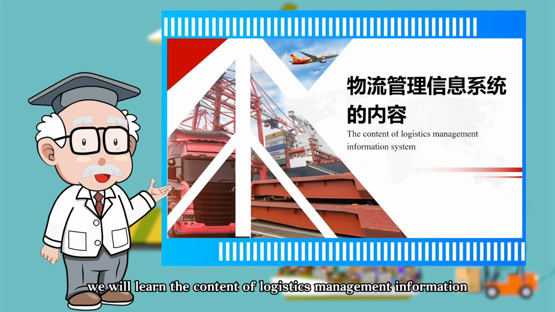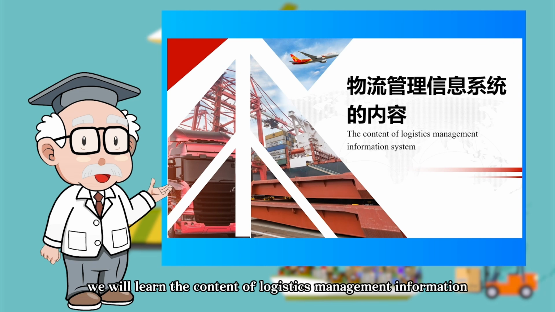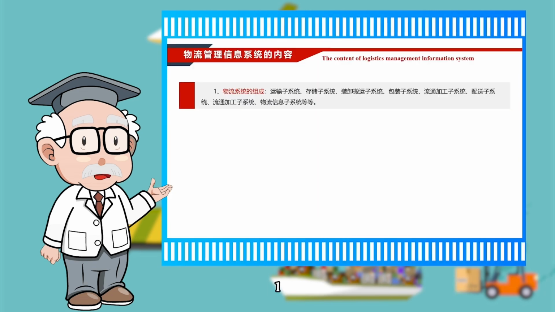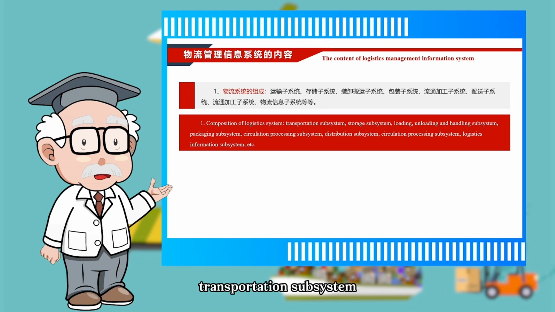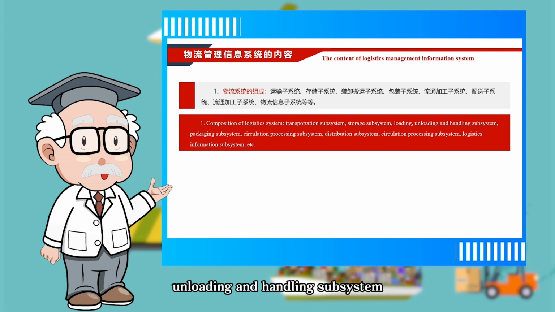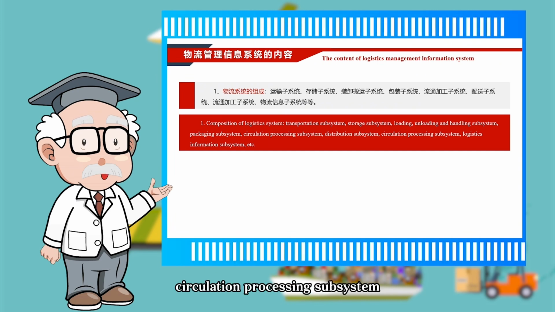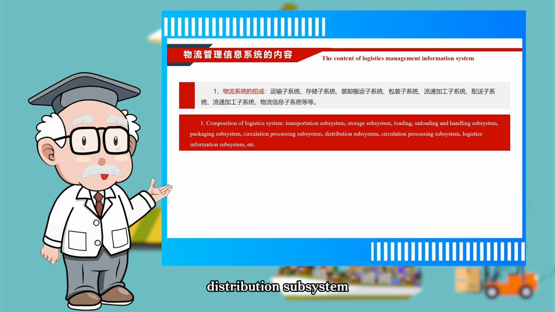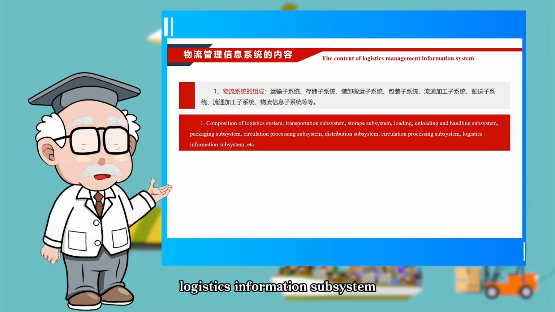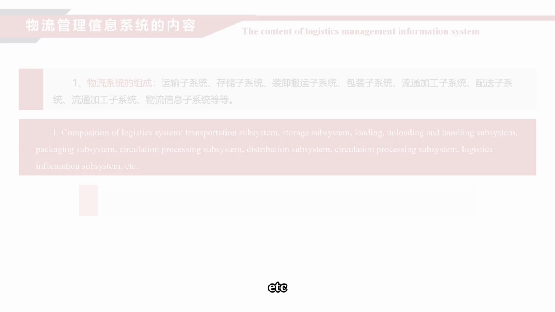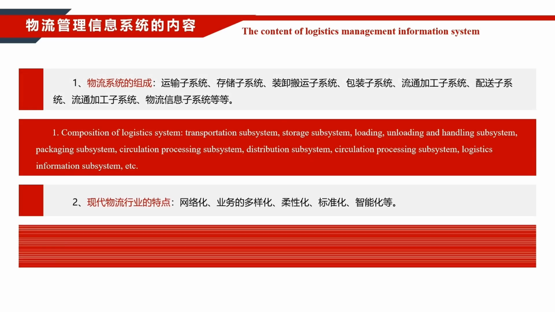Today, we will learn the content of logistics management information system. 1. Composition of logistics system: transportation subsystem, storage subsystem, loading, unloading and handling subsystem, packaging subsystem, circulation processing subsystem, distribution subsystem, logistics information subsystem, etc. 2.